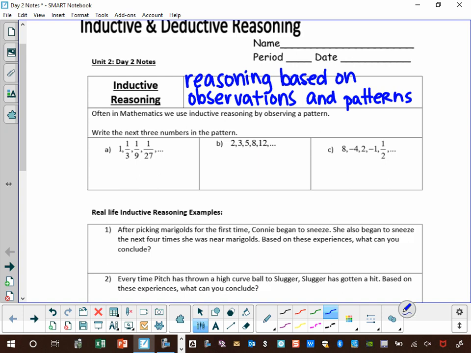It says often in mathematics we use inductive reasoning by observing a pattern. Write the next three numbers in the pattern. So go ahead and get a calculator out if you have it.